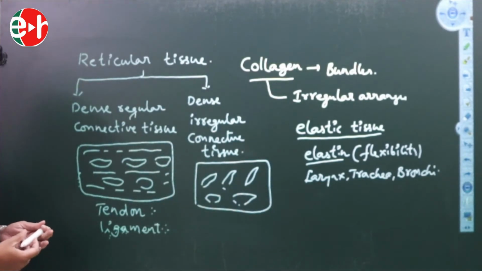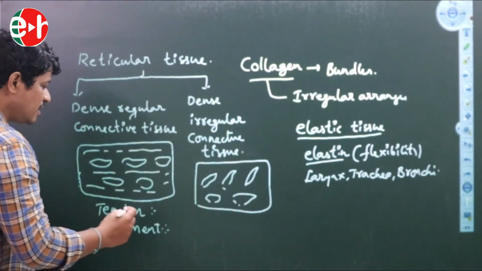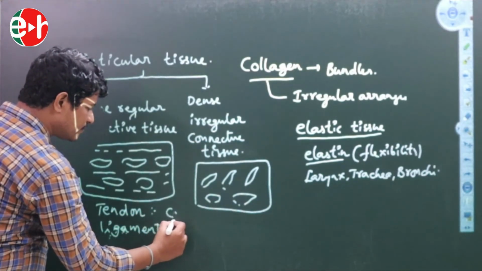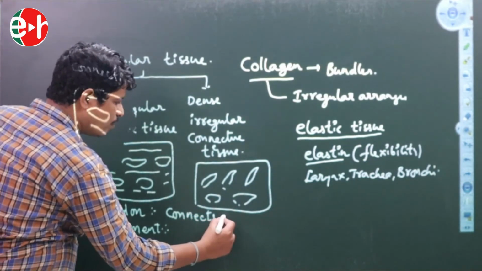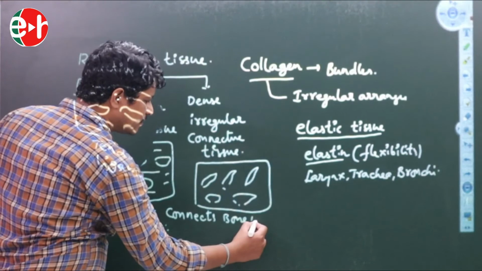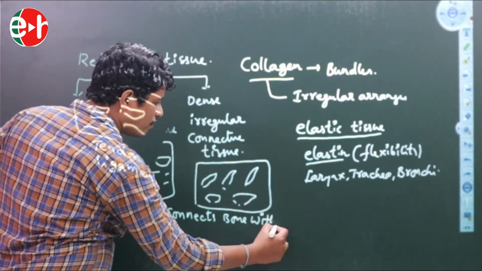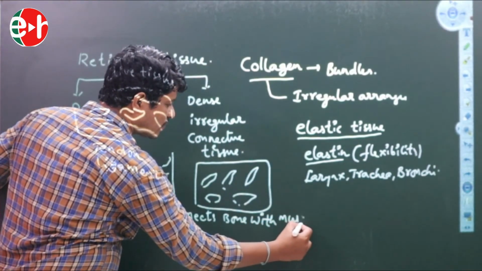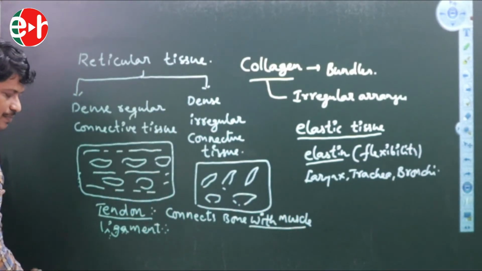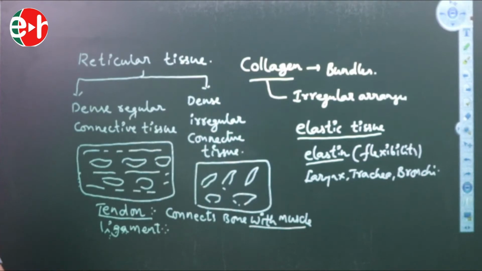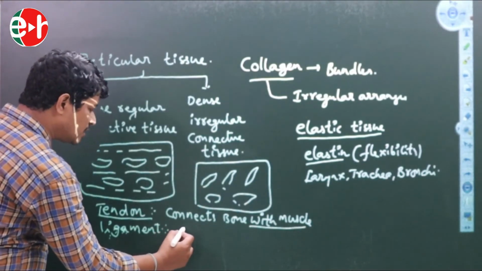Tendon and ligaments. Here the tendon is the part that connects bone with muscle. Bone connects to the muscle with the help of the tendon. What is ligament? Here bone connects to the bone.